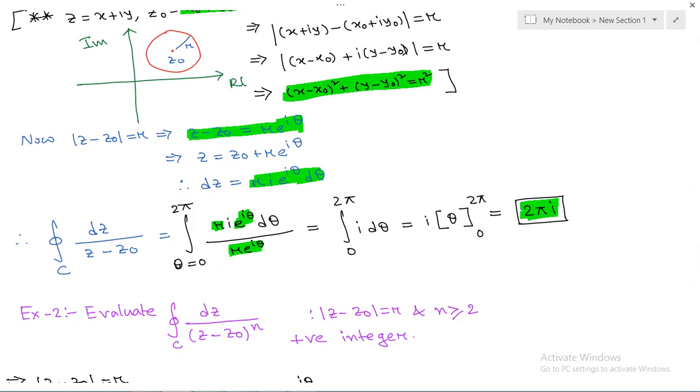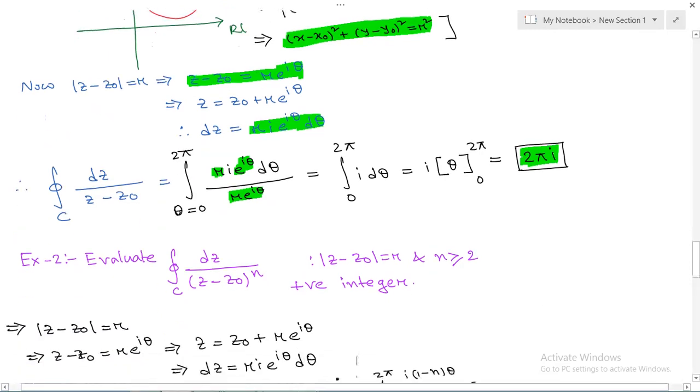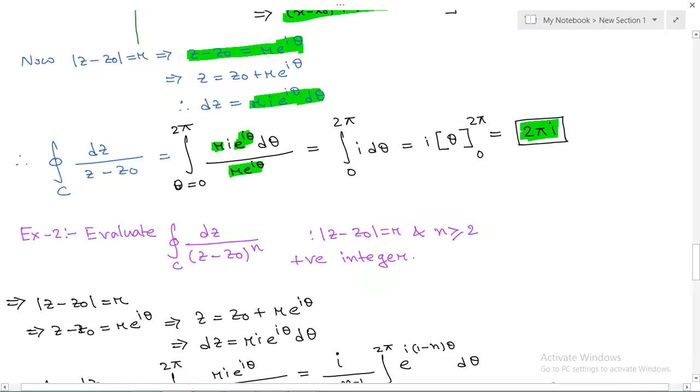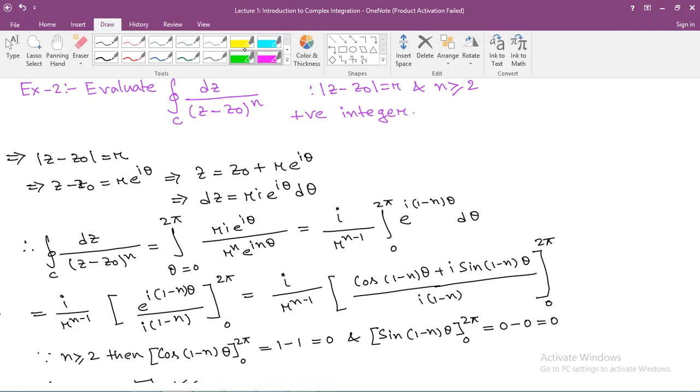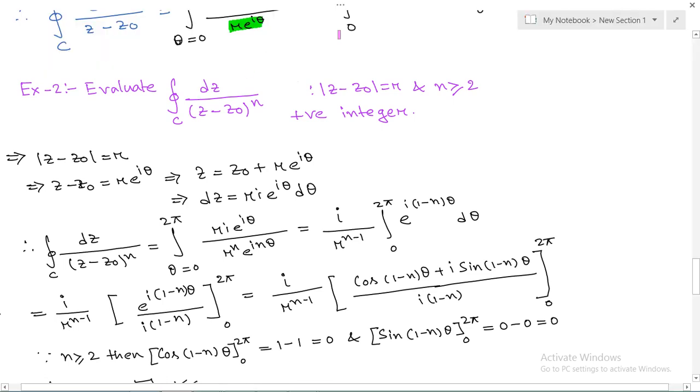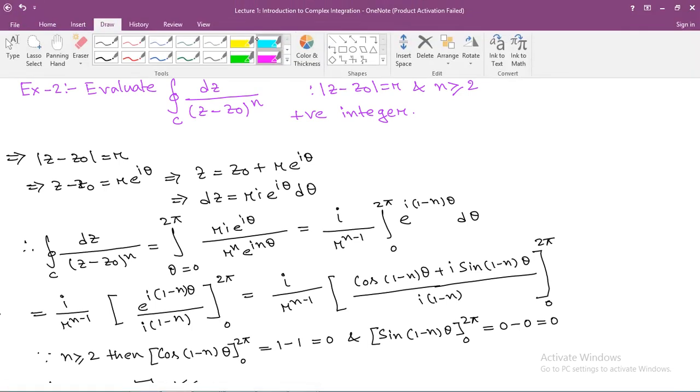Now let us come to another form of the integration that is also interesting and quite complex. Many times we have seen that students make the mistake. They think that the first integration has been given and they make the mistake here. So only one change I have made in this question. Now the problem is dz upon (z - z0) whole to the power n, right?